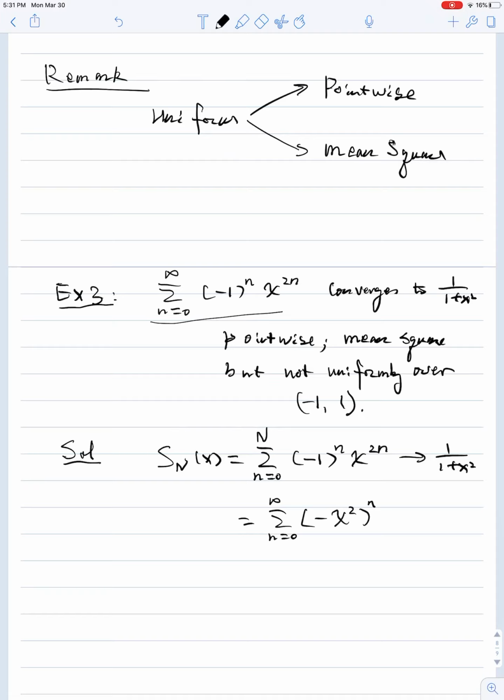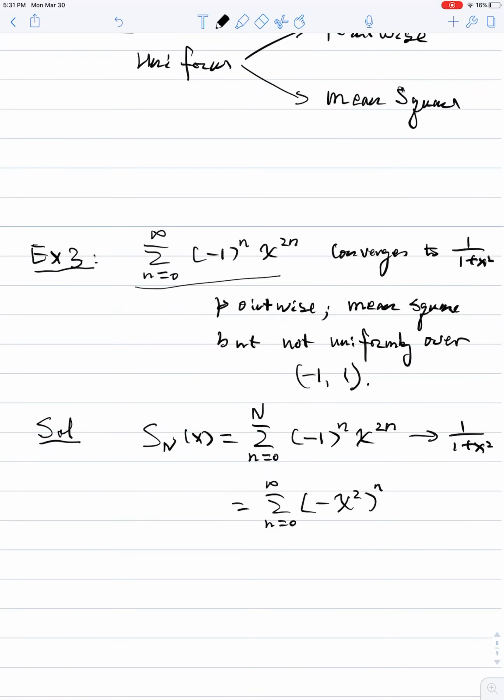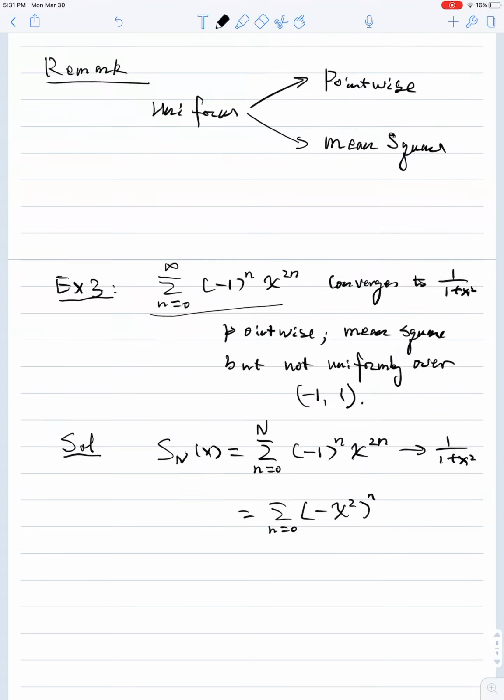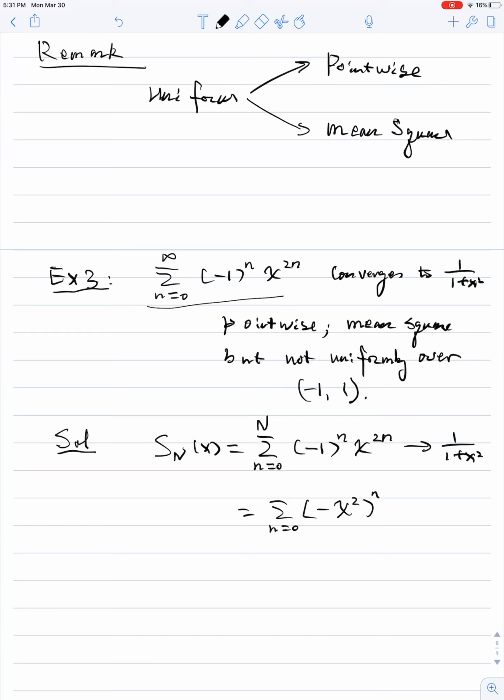The sum is not going to infinity, it is from 0 to capital N. Therefore it is (1 - (-x squared)^(N+1)) over (1 + x squared).